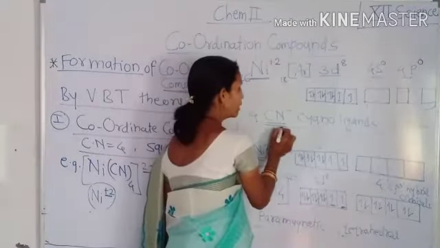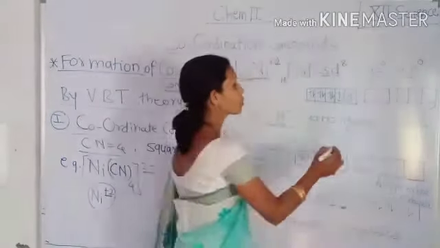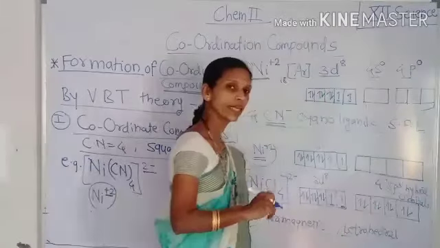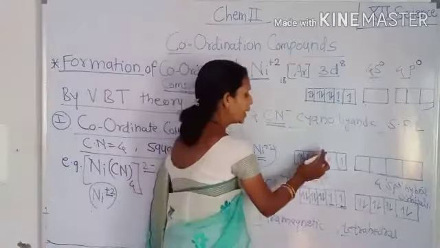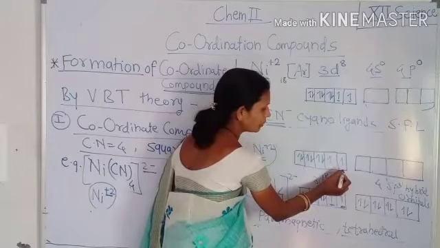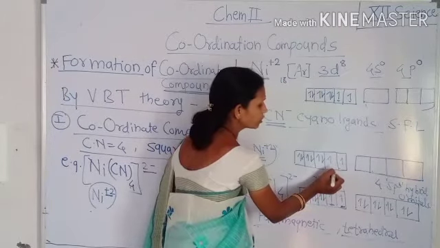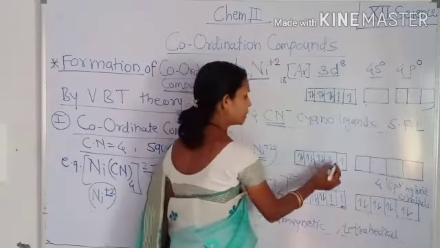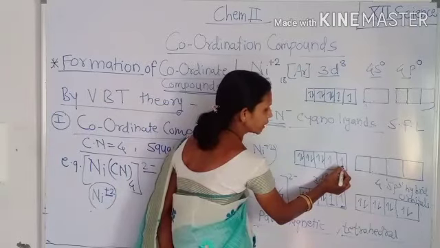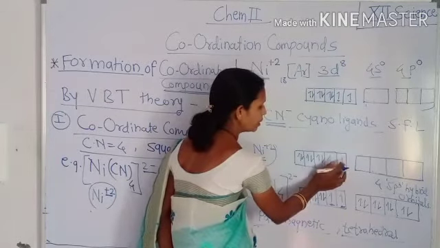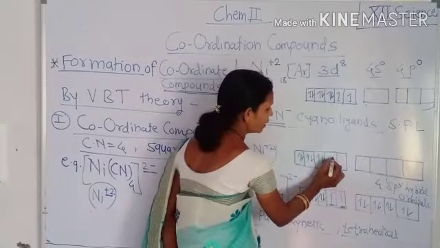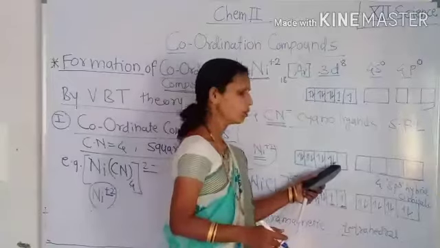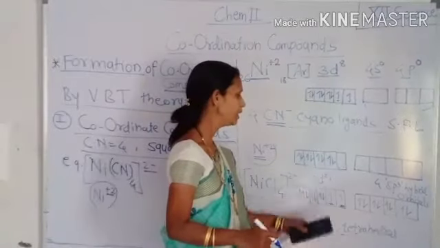As the cyano group is a strong field ligand, therefore here pairing of unpaired electrons takes place in the 3d orbital. That means one unpaired electron present in a d orbital gets paired with another unpaired electron present in the 3d orbital.